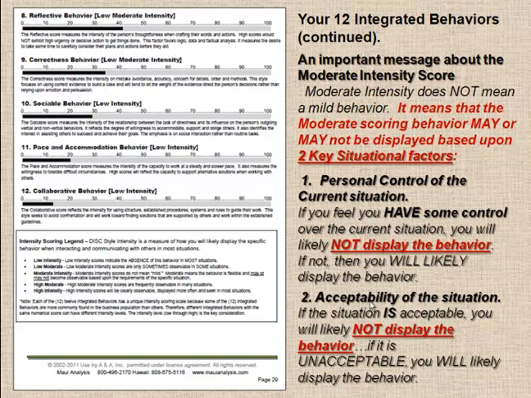The second factor is the acceptability of the situation. If the overall situation is acceptable, you will likely not display this behavior. But on the other hand, if it becomes unacceptable, you will display this behavior. So the moderate score is really important, and it's listed for you here in the scoring legend.